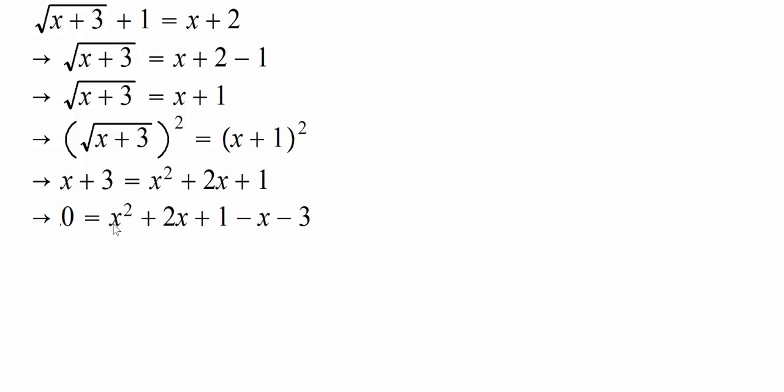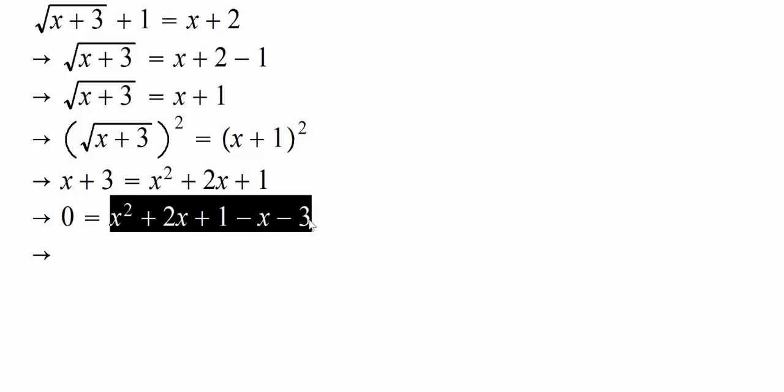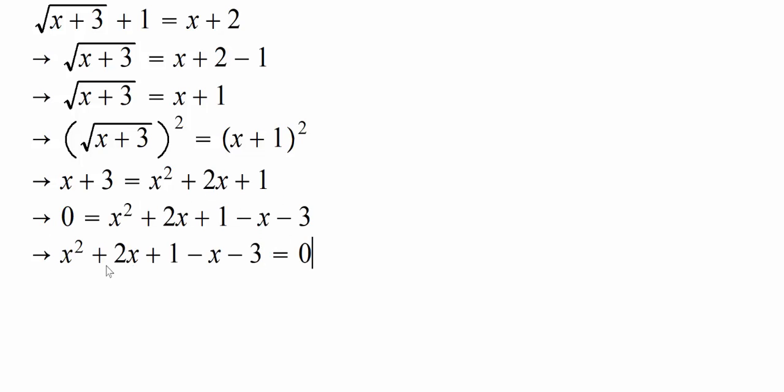So what we have now is x squared, then plus 2x minus x would be plus x, and then we have plus 1 minus 3 is -2, equals 0.